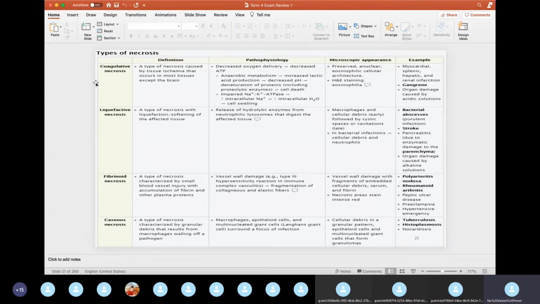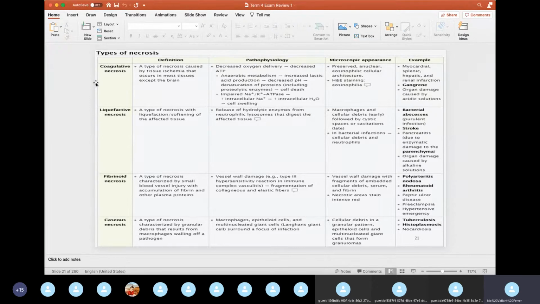Excellent. 3. 3 letters. PAN. So it's immune complex deposition, type 3. Also seen in hypertensive emergency and preeclampsia. Don't forget. So you have immune complex deposition and you have protein leakage from your damaged vessels. What can we see in the vessel? In histology, the vessel walls are thick.